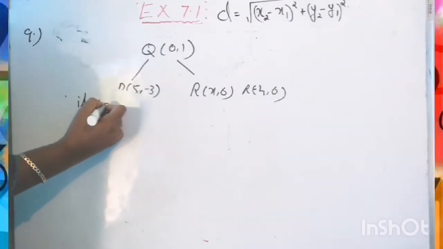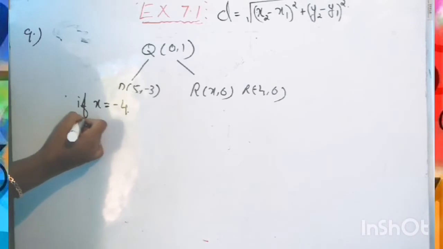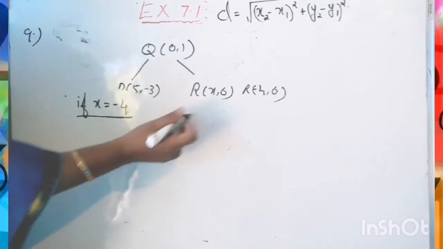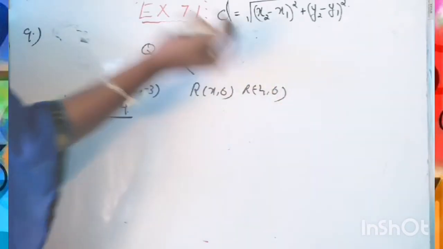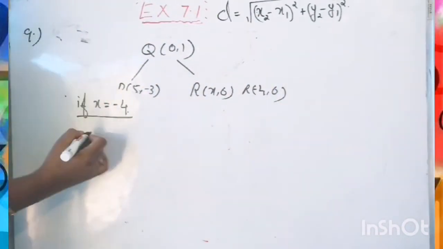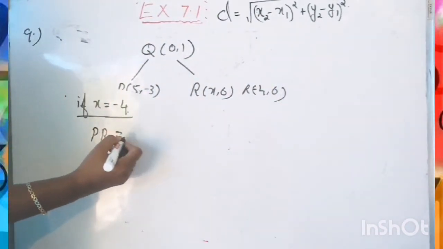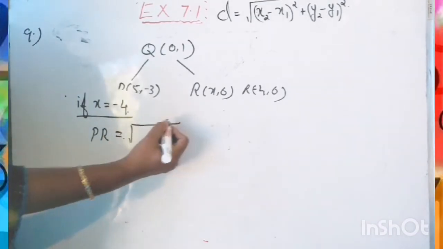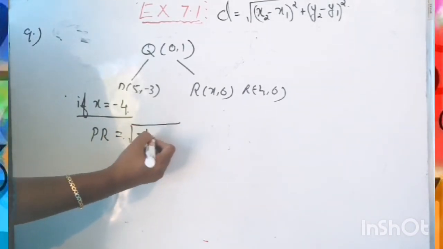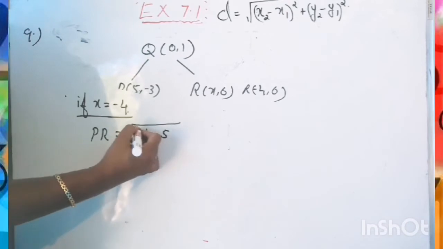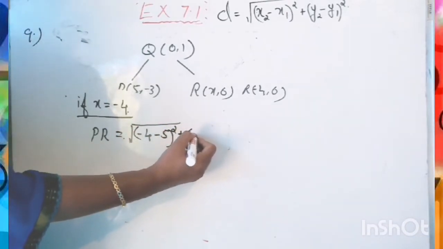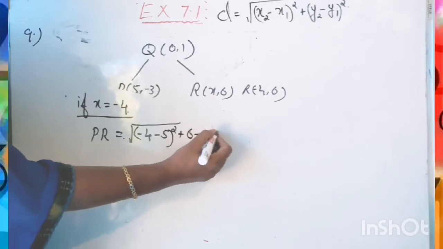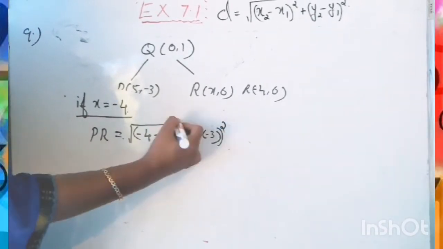If x is equal to minus 4, then R of (x, 6) becomes R of (-4, 6). Now PR is equal to square root of (x coordinate of R minus x coordinate of P) all square plus (y coordinate of R minus y coordinate of P) all square.